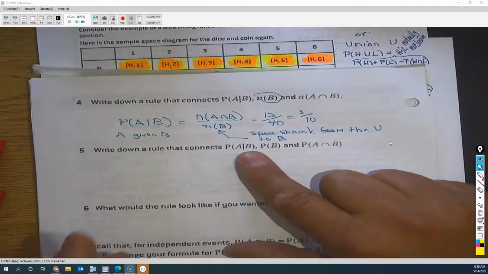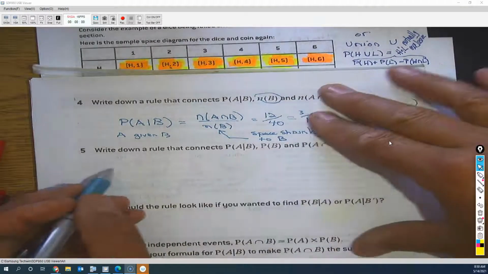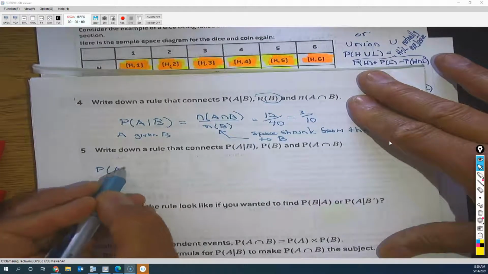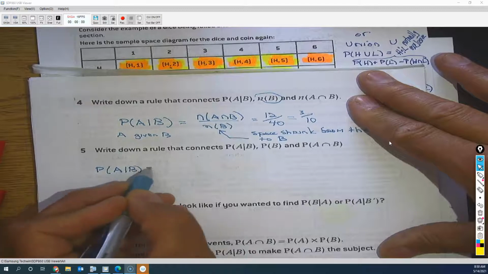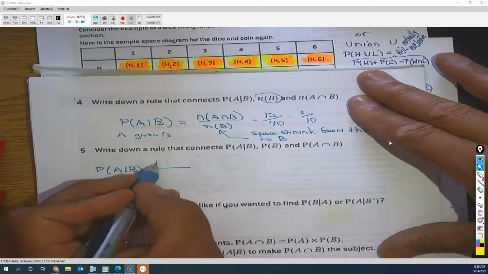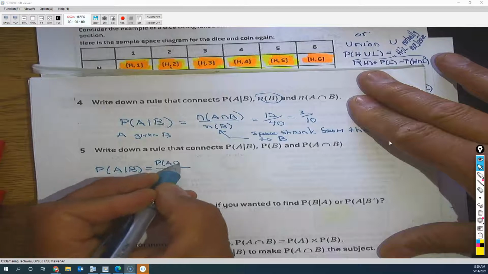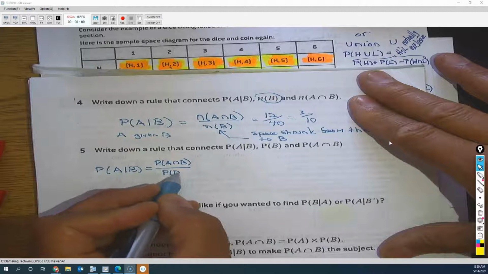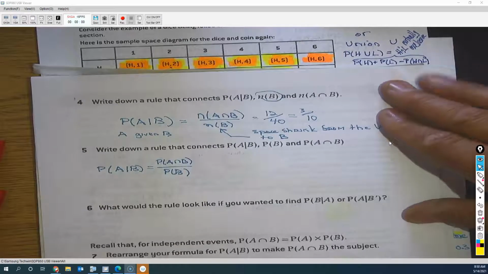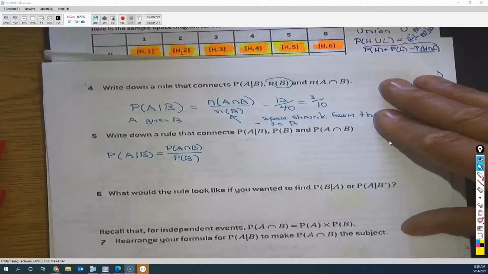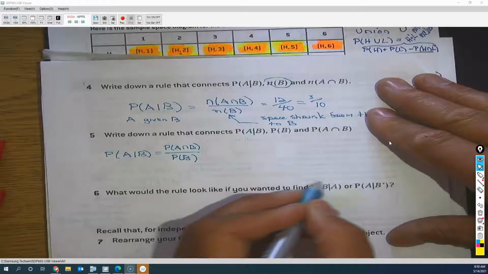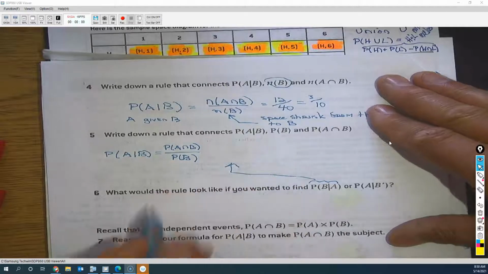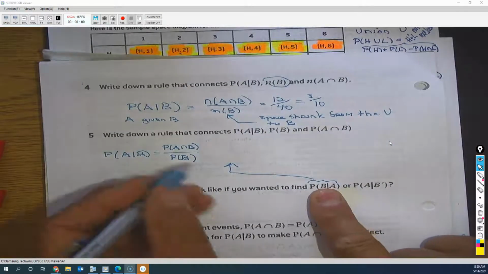So here's your rule for conditional probability. The conditional probability of A given B is the probability of their intersection divided by the probability of B. And if it's reversed, you just switch the letters.